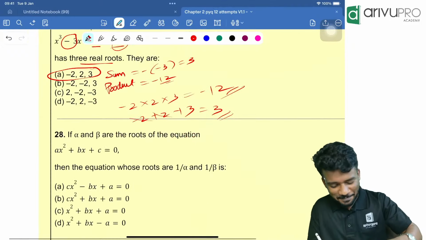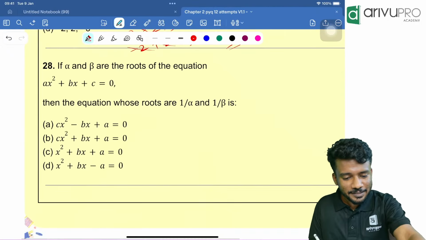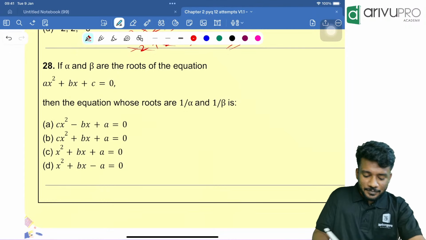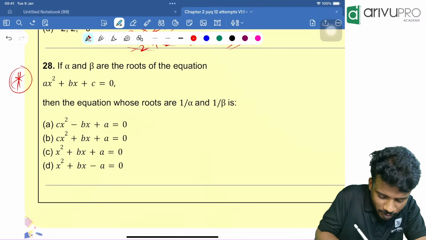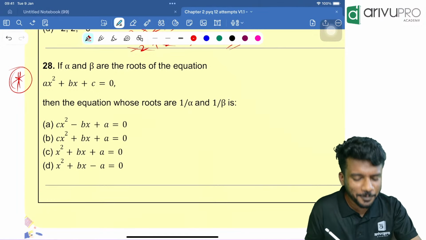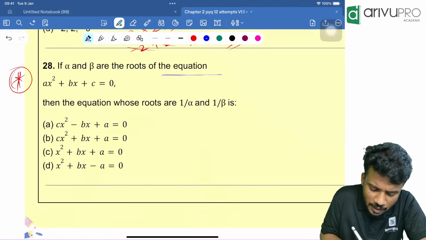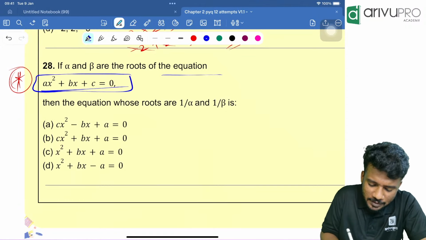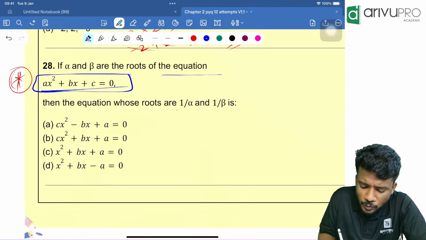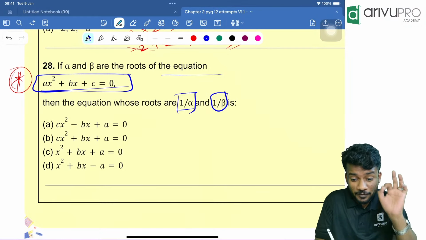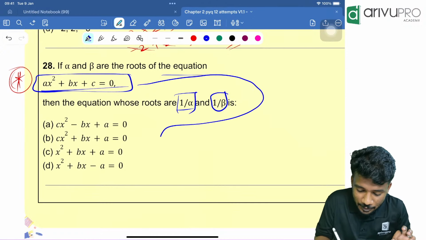Right. Next one. People, there is a property in your quadratic equation that we have spoken about in class. If alpha and beta are the roots of the equation ax square plus bx plus c, then what is the equation whose roots are 1 by alpha and 1 by beta? Very easy. Even if you don't remember, I can easily tell you.